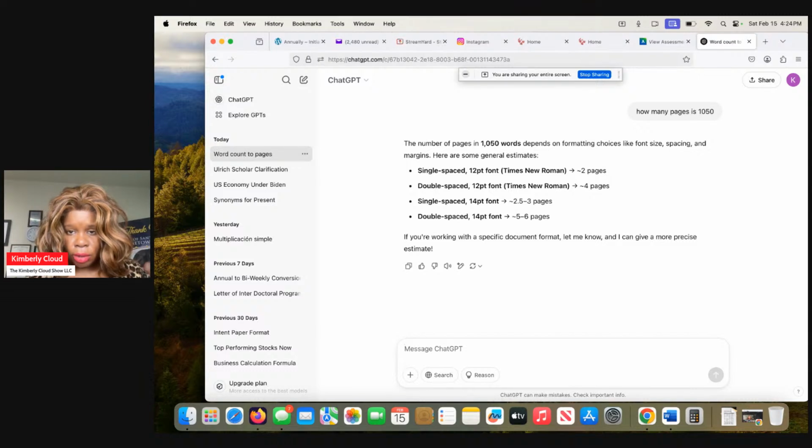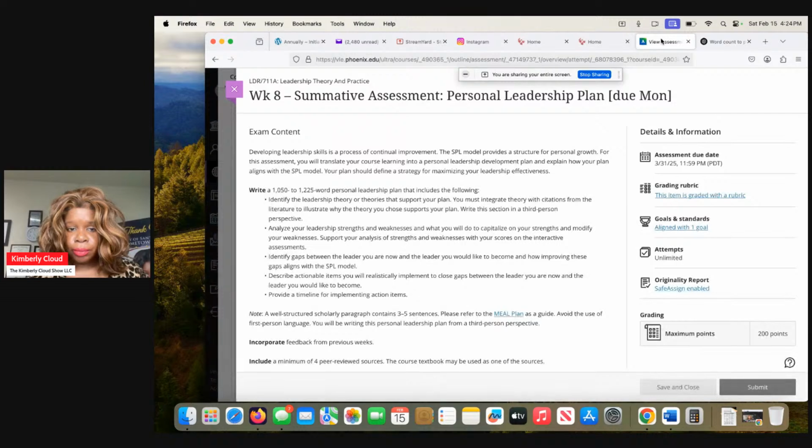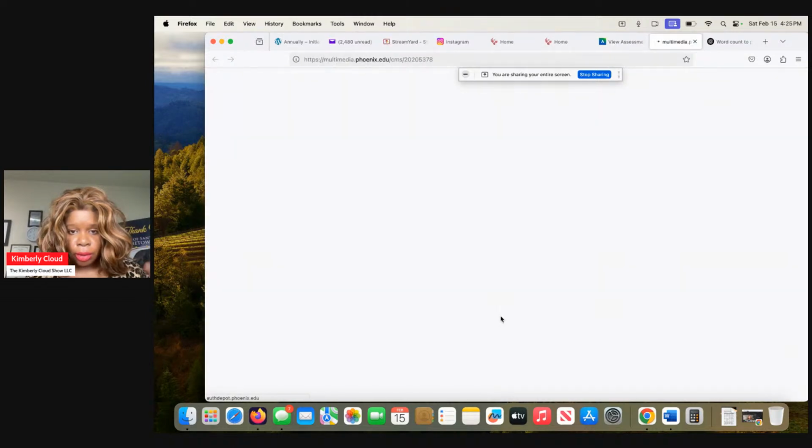Just 4 pages? It's always going to be 12 font double space. Let's look at the meal plan. I keep saying it.